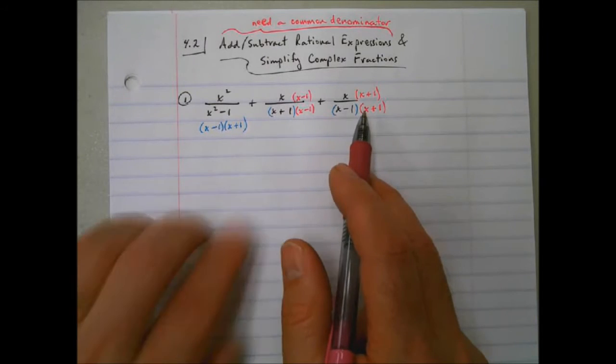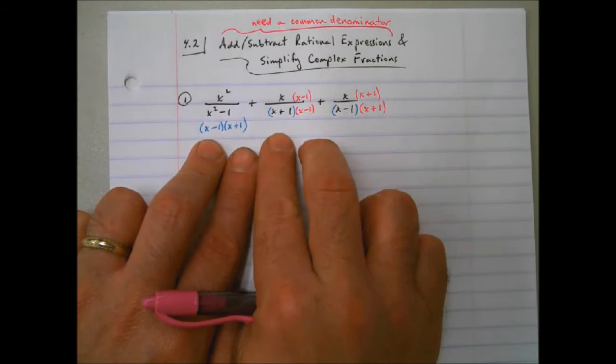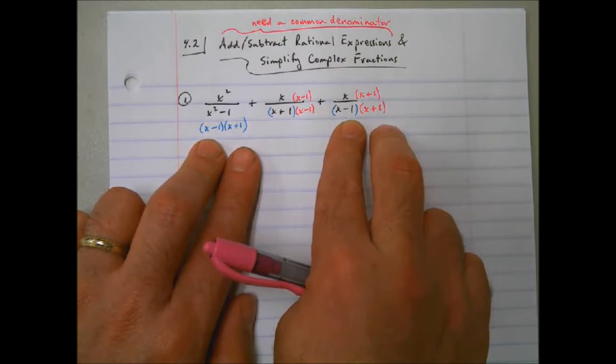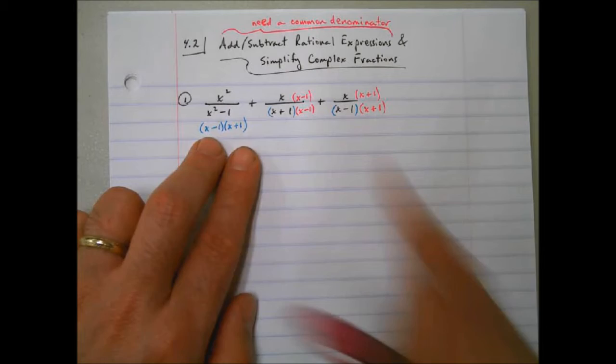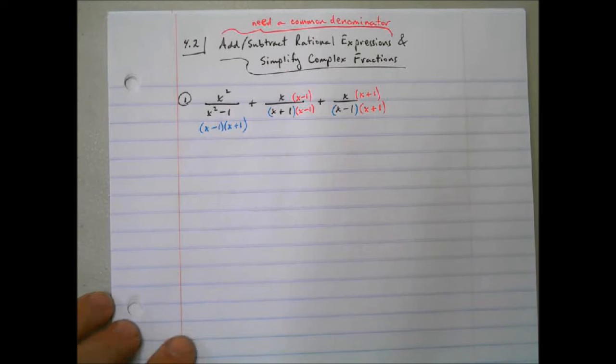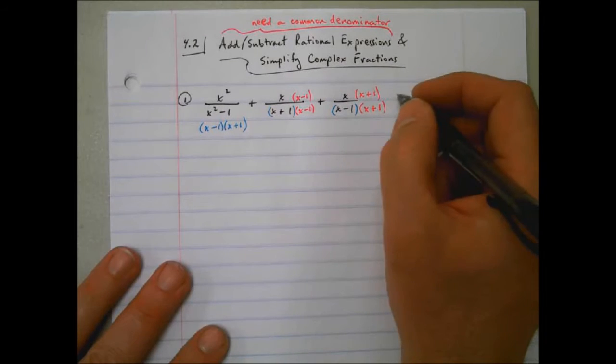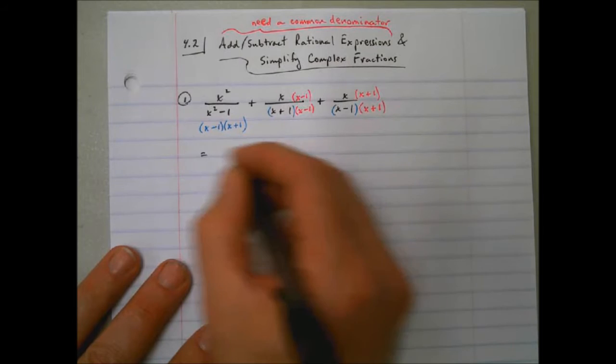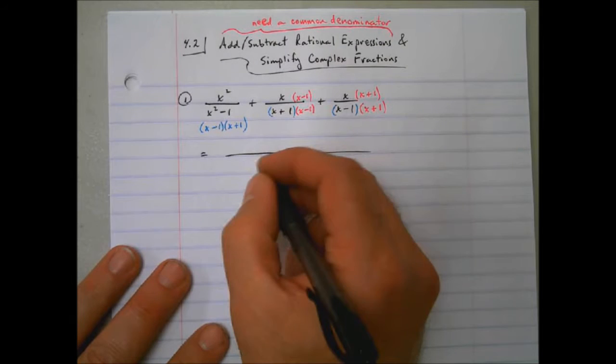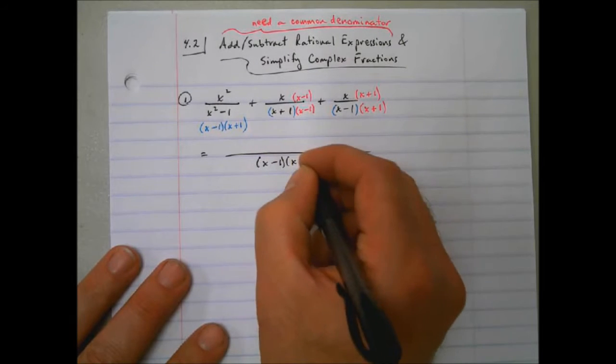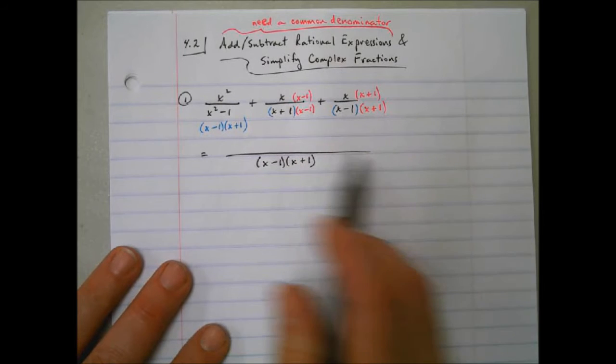Okay, so do they have a common denominator now? Yes, they all have an x minus 1 times an x plus 1. So we have a common denominator, and so we have x minus 1 times x plus 1 for our denominator.